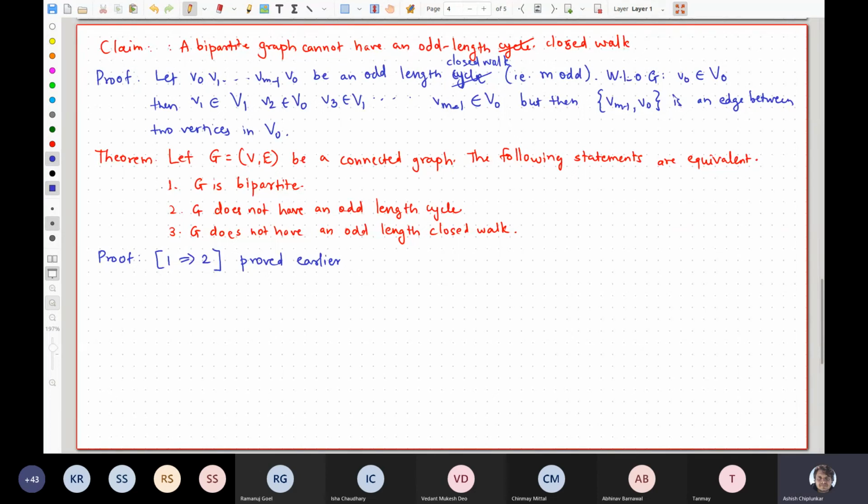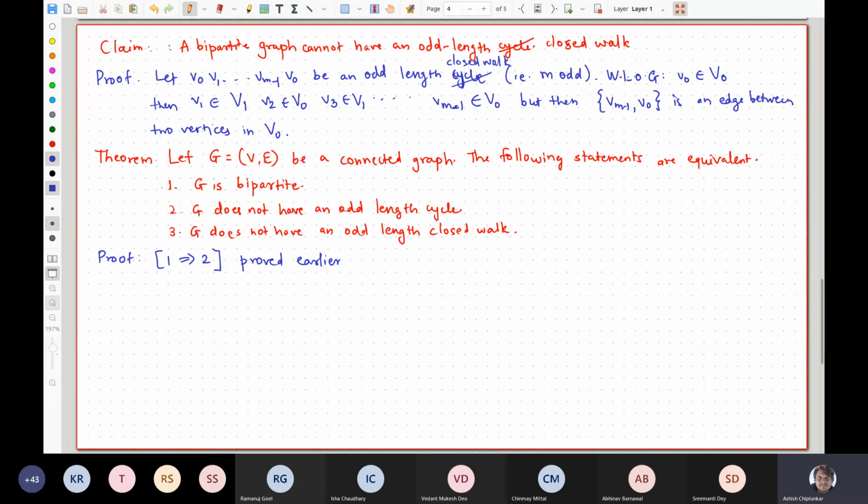Shrimanti, I think your hand was up, but now it's down. What is it? Sir, I had thought of an algorithmic proof: we start from any vertex and go on coloring from that vertex till we do not have any more edges, marking those vertices as visited, and then we continue this for the other vertices.